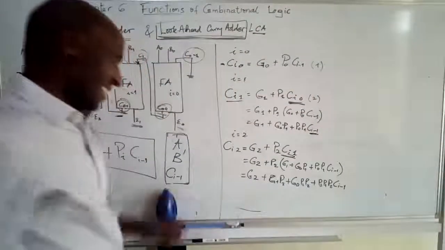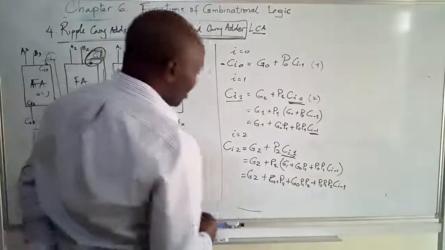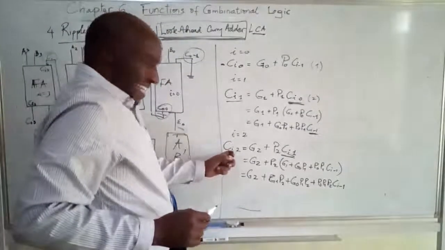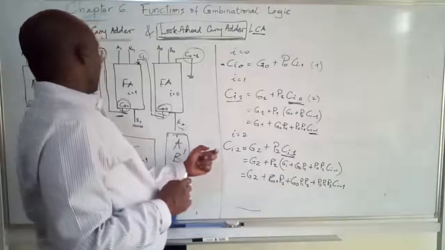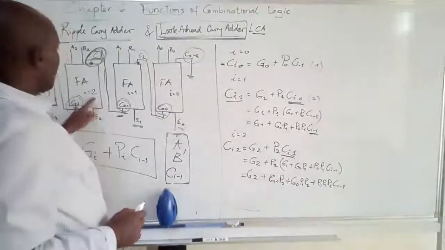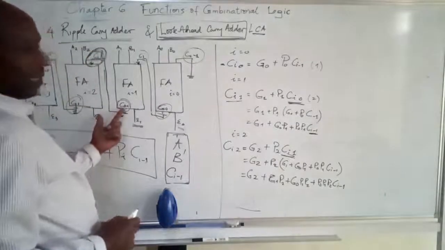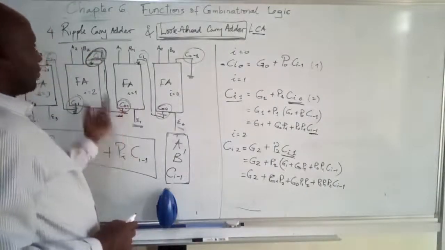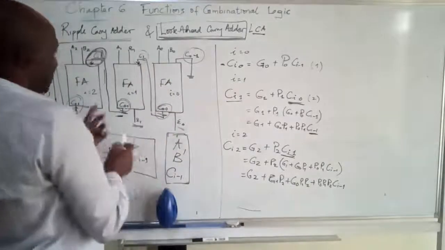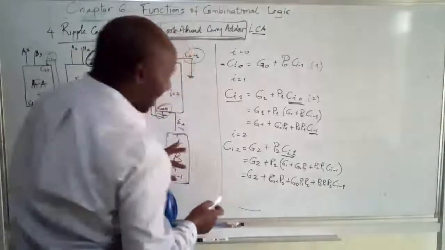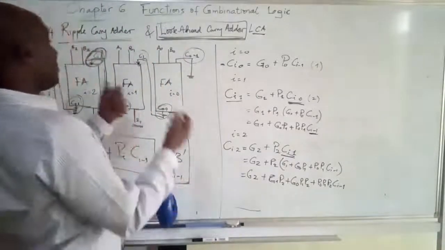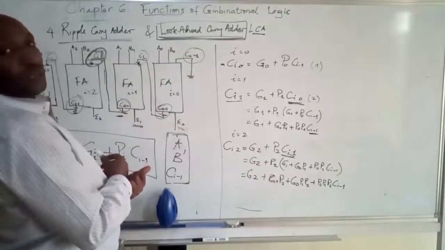So, dear friends, as you can see, to get the carry in of the third full adder, normally we need the carry out of the previous. To get this, we need the previous. But with this look ahead carry adder, we don't need the previous carry out.